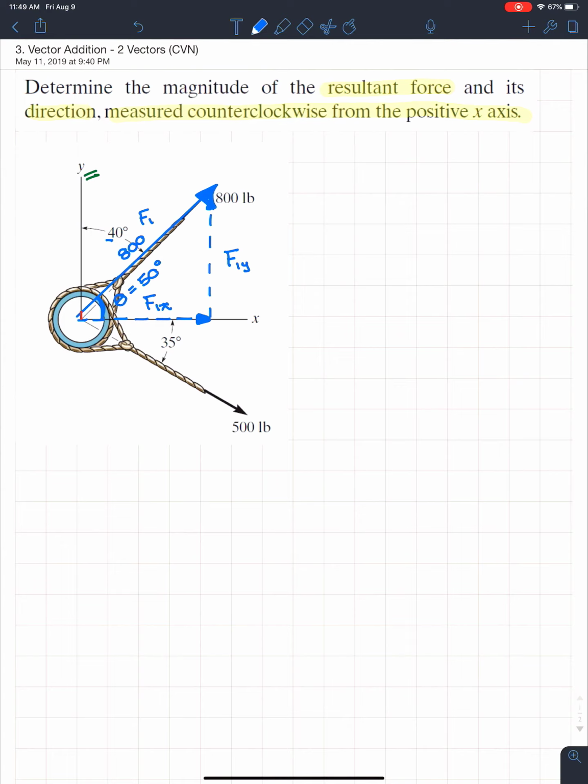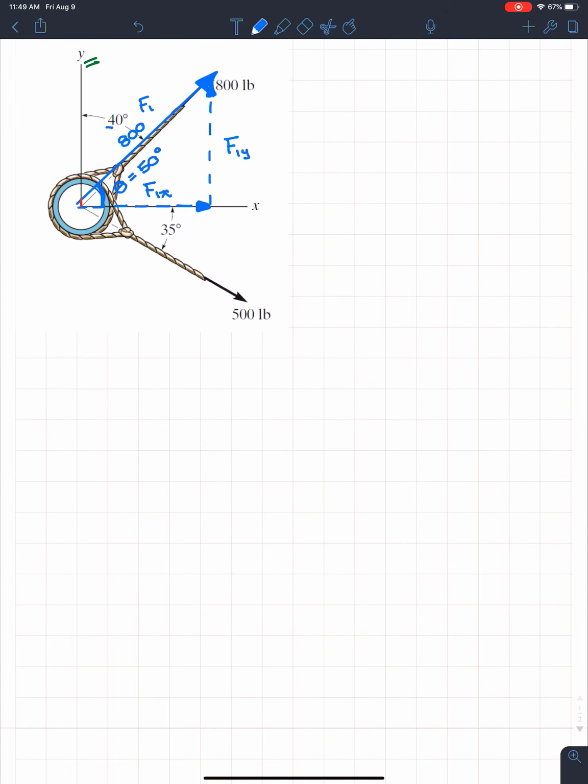So if we know that the hypotenuse length is 800 pounds and our angle is 50 degrees, then we can go down here and say F1x, I'll start with x because why not? It's going to be the hypotenuse, 800, and then we multiply by sine, oh sorry, that's if we did it the other way.